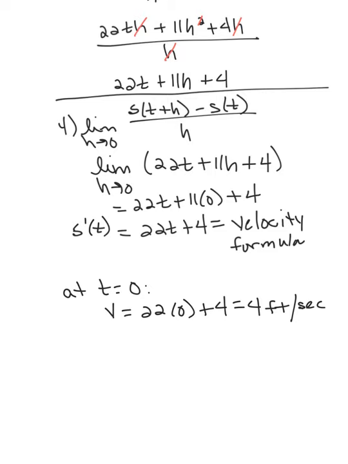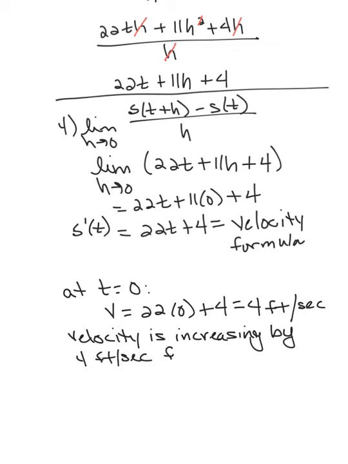So what we know about this, even though it didn't ask it, we're going to talk about how this is interpreted. What we know is that the speed or the velocity is increasing by 4 feet per second from 0 seconds to the next second, 1 second.